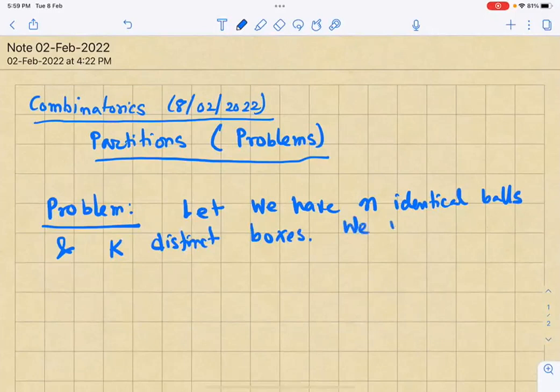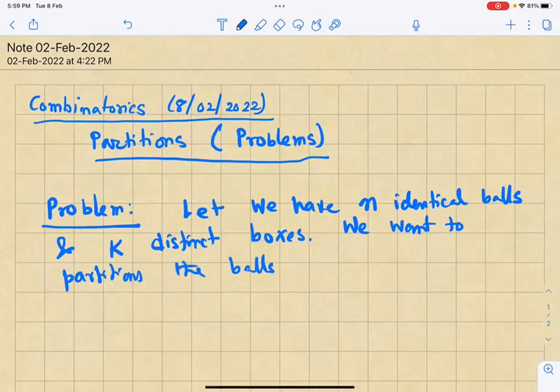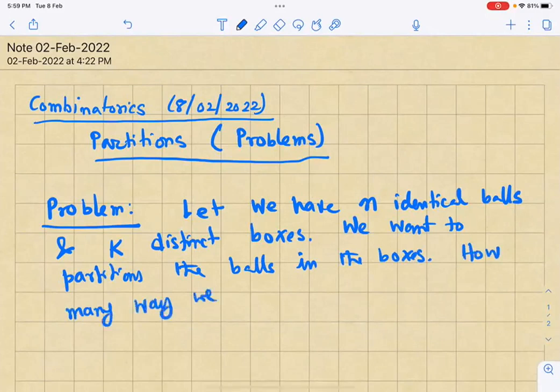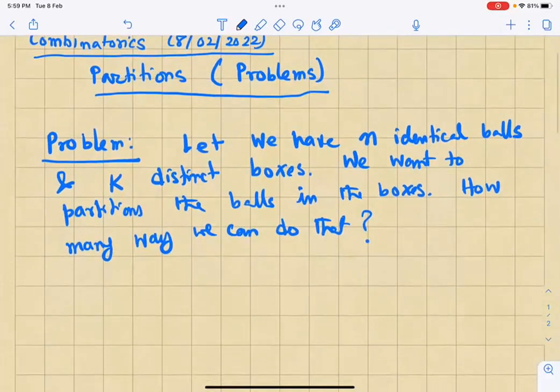We want to partition the balls, that means keep the balls in the boxes. How many ways can we do that? This is one benchmark problem around this question in combinatorics that occurs in various forms, and that's what we are going to discuss.